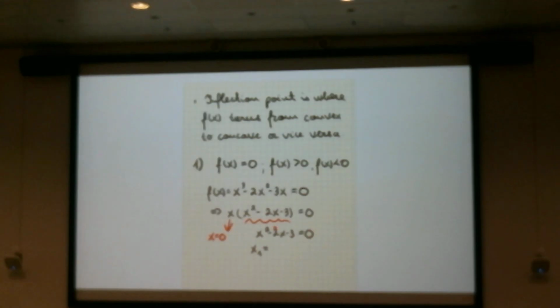X1 is equal to minus b. So minus b is minus 2 times minus 1. So that's 2 plus square root b squared minus 2 squared, it's 4, minus 4 times a times c. A here is 1 implicitly, c is minus 3. So times 1 times minus 3.